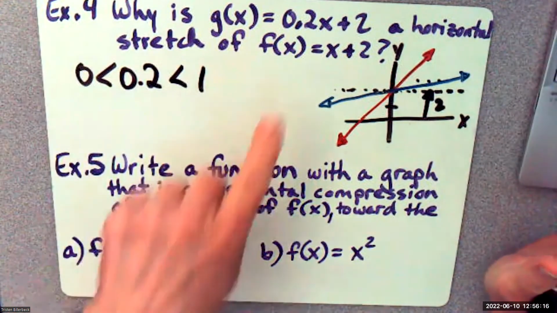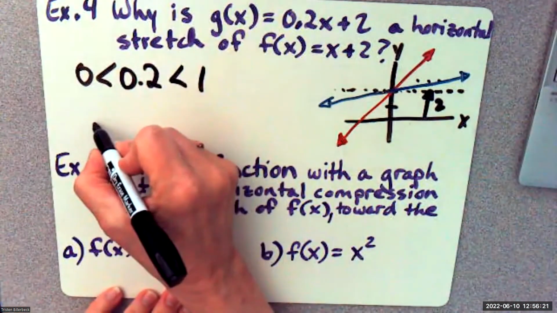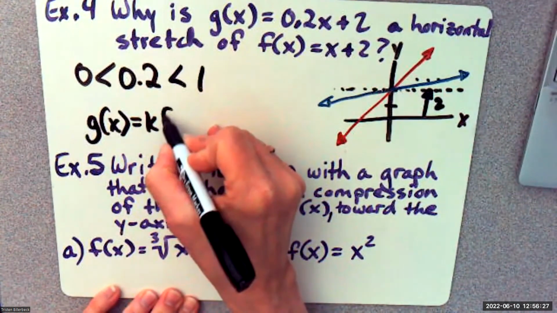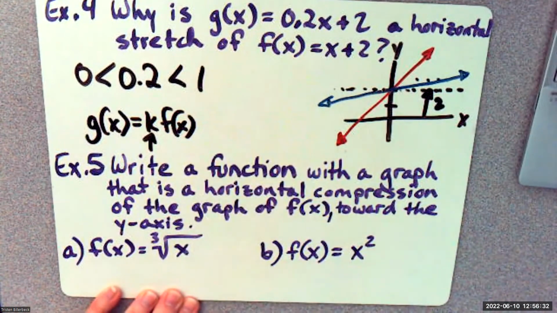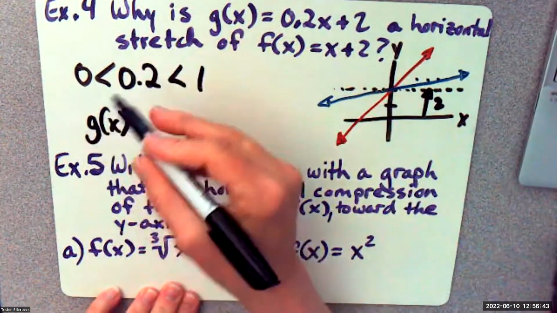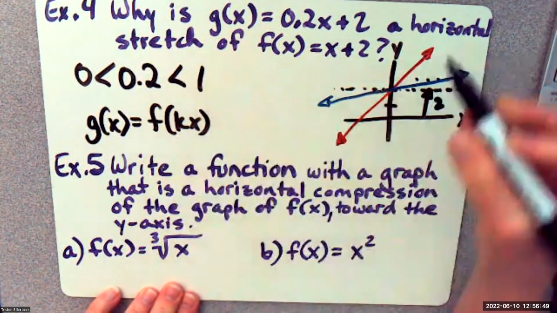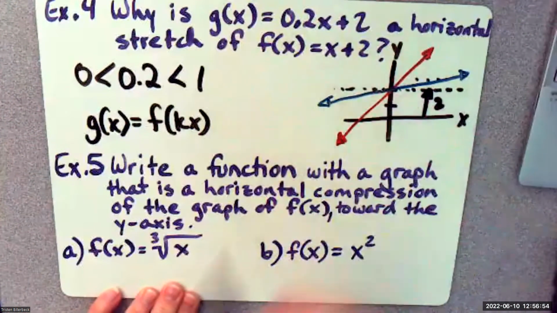But because this isn't affecting the whole function, when we look at g(x) = k f(x), this k is not affecting the whole function. So that makes it not necessarily a vertical reference point. But when we look at f(kx), though it is not affecting this, it is affecting this x.